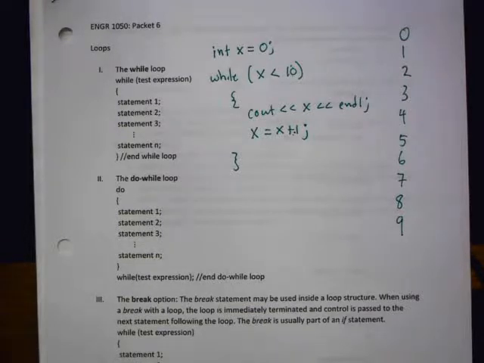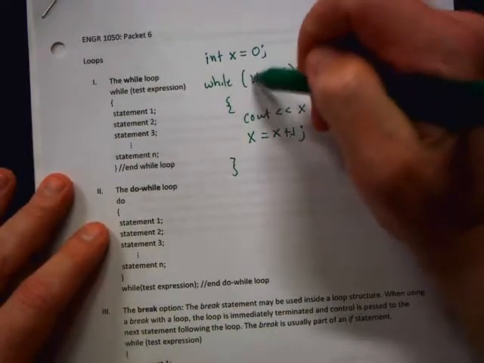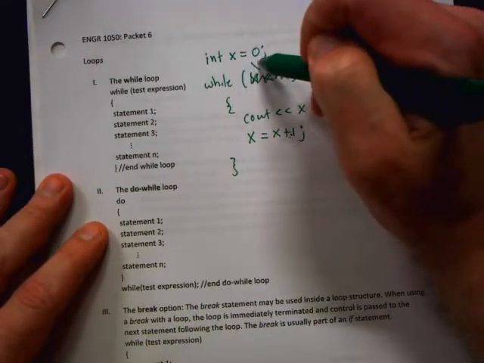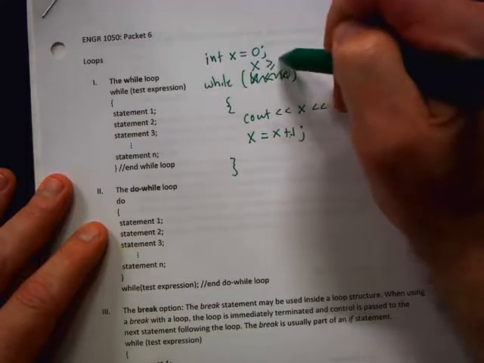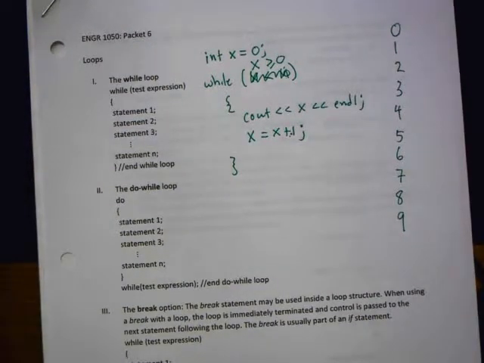You're going to use a while statement, and you have to think about where you want it. If I simply wrote x is greater than or equal to 0, then that loop would run forever, wouldn't it?